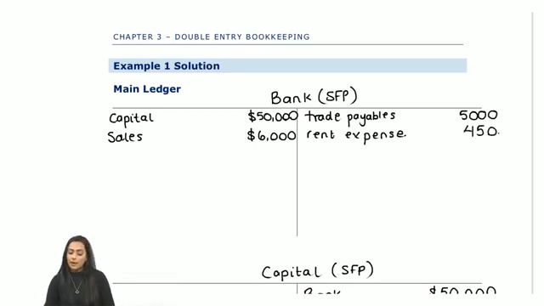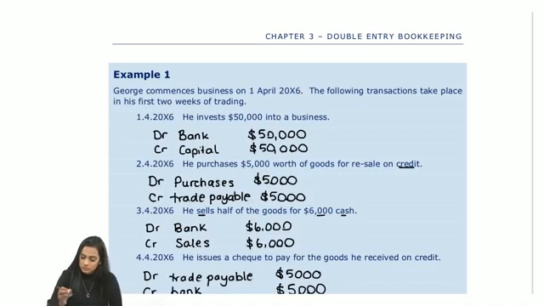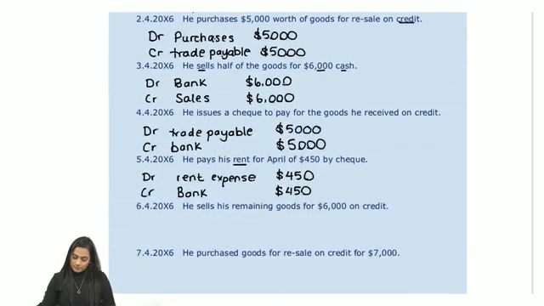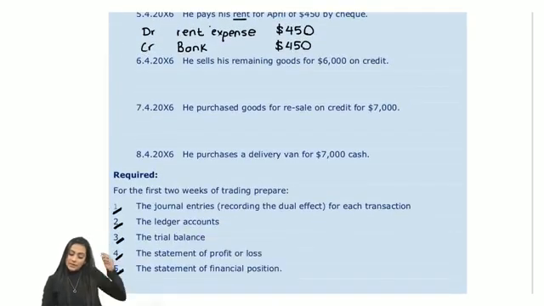This is all bookkeeping we're doing. Let's do another double entry. On the 6th of April, he sells his remaining goods for $6,000 on credit. Okay, he sells on credit. If you sell goods on credit, it means the customer hasn't paid you.